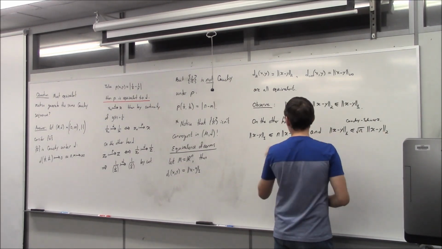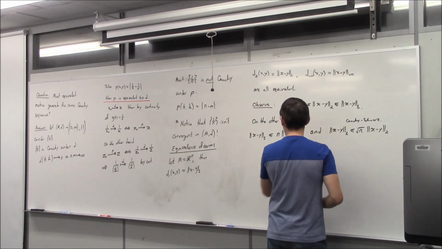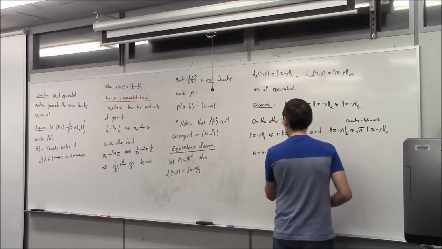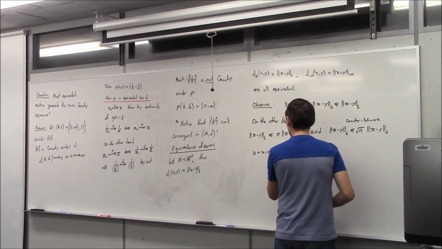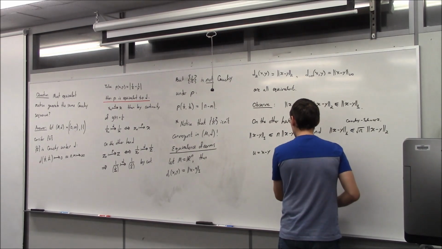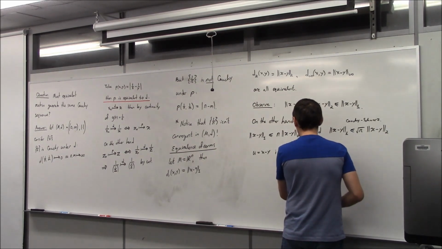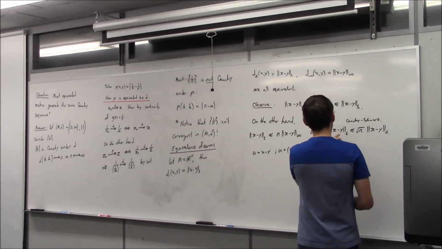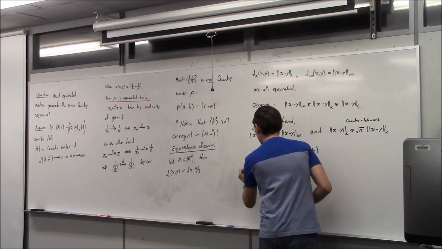So here, right? So the one norm, so if I have, let's say, a vector u equal to x minus y, okay? So what is u? u will be equal to u1, u2, up to u sub n, okay? Now, what is the one norm of u?